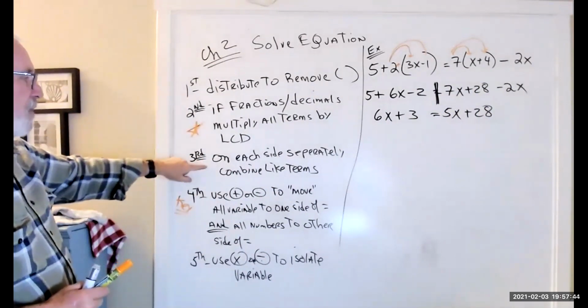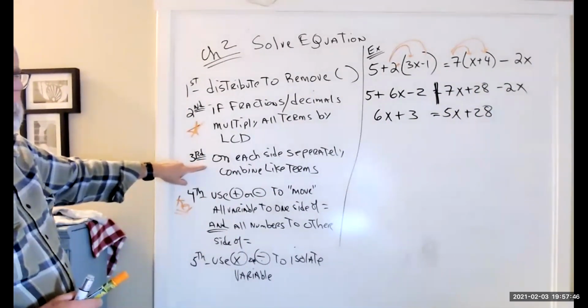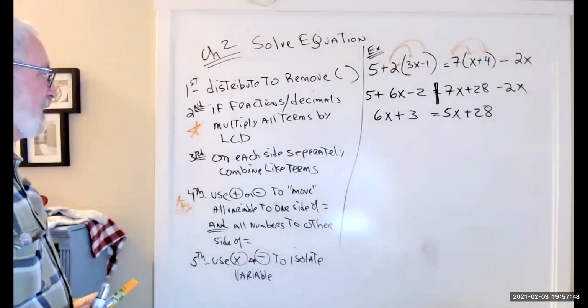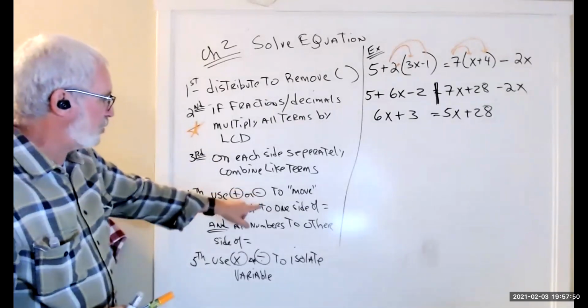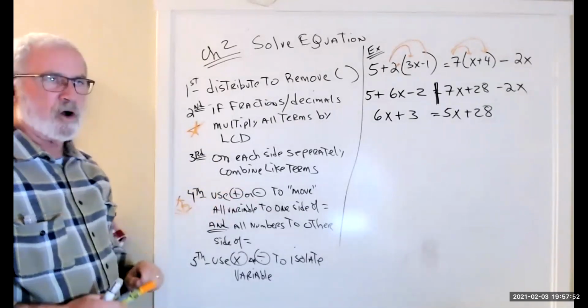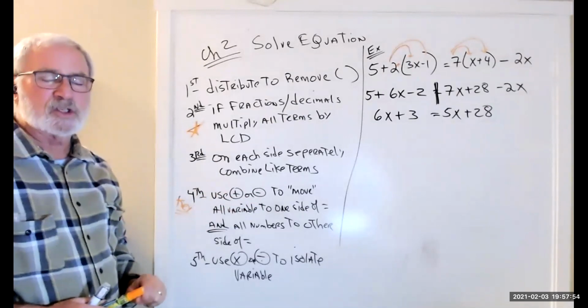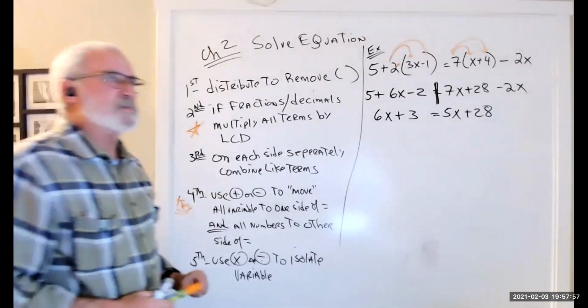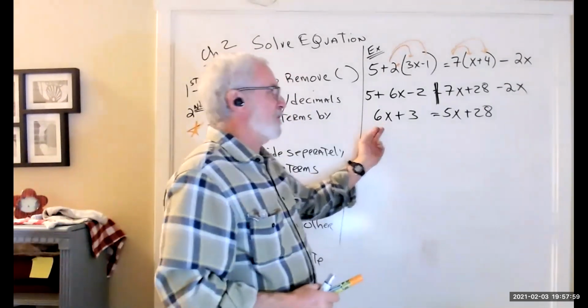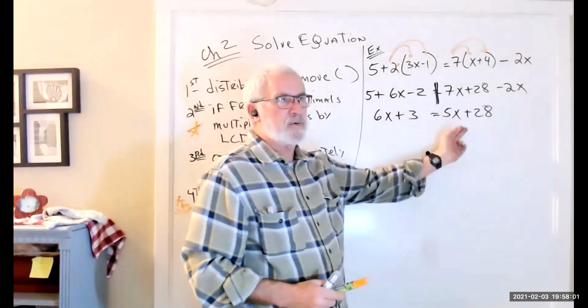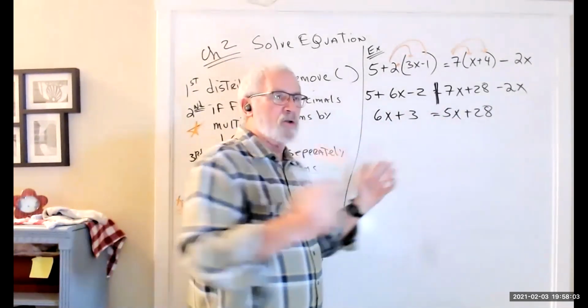Okay, I combined like terms. Okay, now here's the key. Using only addition subtraction, I want to move all my variables to the same side, which means, for example, I've got 6x on the left, 5x on the right. I want to move them all on the same side.